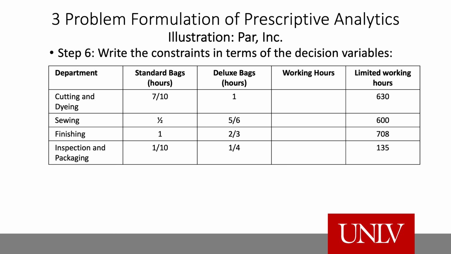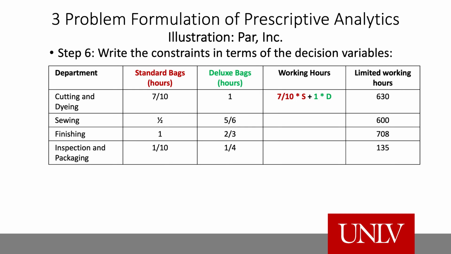And the last step is we can generate the mathematical equations for constraints. We know that the constraints in the parts production are a limited number of hours available in each department. So, for example, for the cutting and dyeing, each standard bag requires 7/10 hours, and each deluxe bag requires 1 hour. So the total production time is 7/10 multiplied by S, the amount of standard bags, and 1 multiplied by D, the number of deluxe bags.